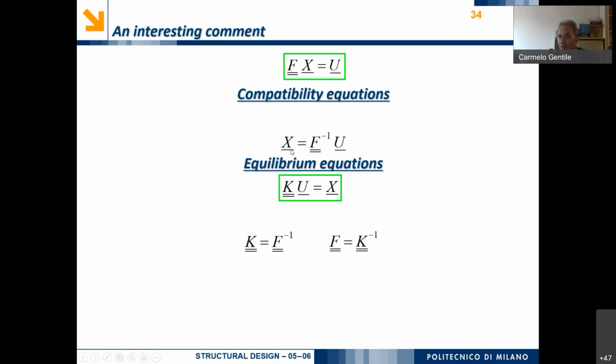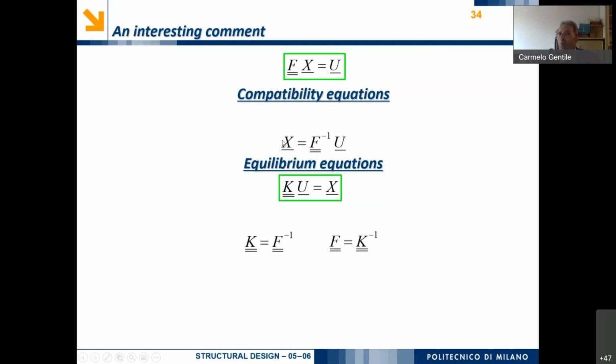So in this case, on the left-hand side, we will have forces. And also on the right-hand side, we will have a product of some coefficient multiplying some displacement. So also the right-hand side will contain some generalized forces.